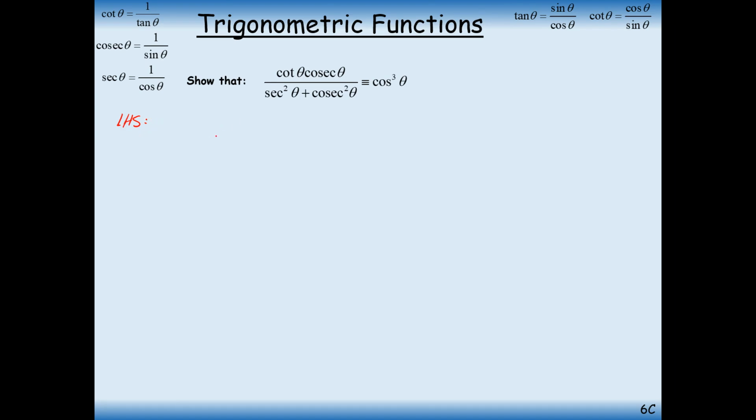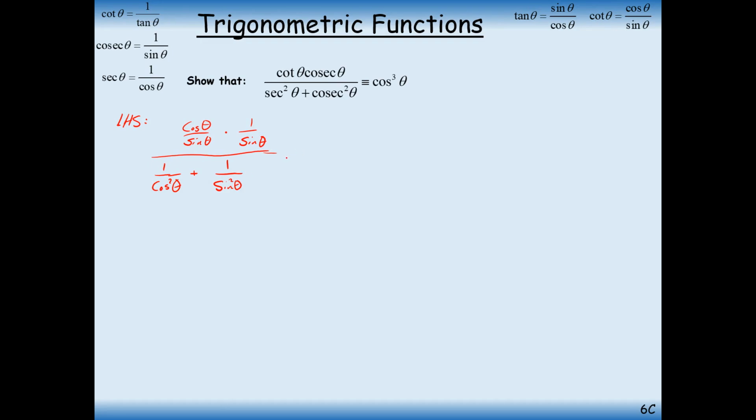So looking at the left-hand side, we can write cotan as cos of theta over sine of theta. We can write cosec as 1 over sine, and the denominator we can write as 1 over cos square of theta plus cosec square, which is 1 over sine square of theta.